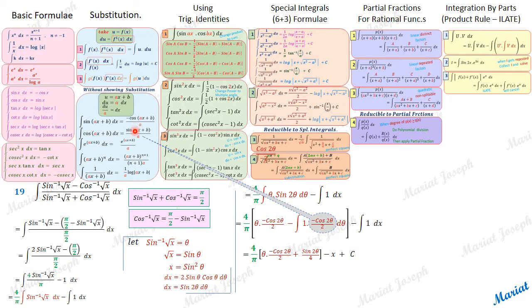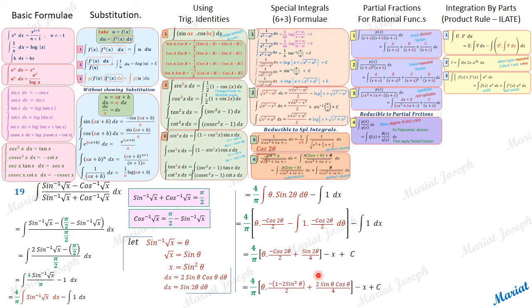Cos 2 theta by 2, cos 2 theta. Integral is sine 2 theta by 2. Here it is. That one more 2 makes it 4. And by this time, since the integration of this part is over, let's complete its integration also. Integral of 1 is x. Here we are. The complete integration is over.